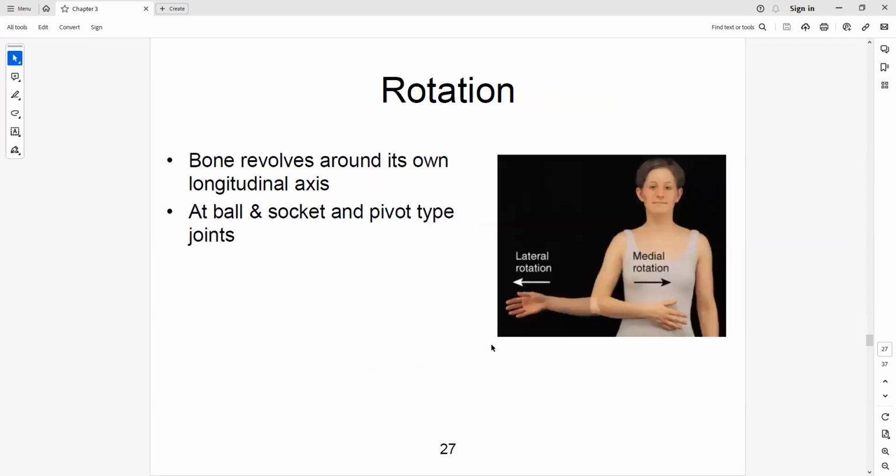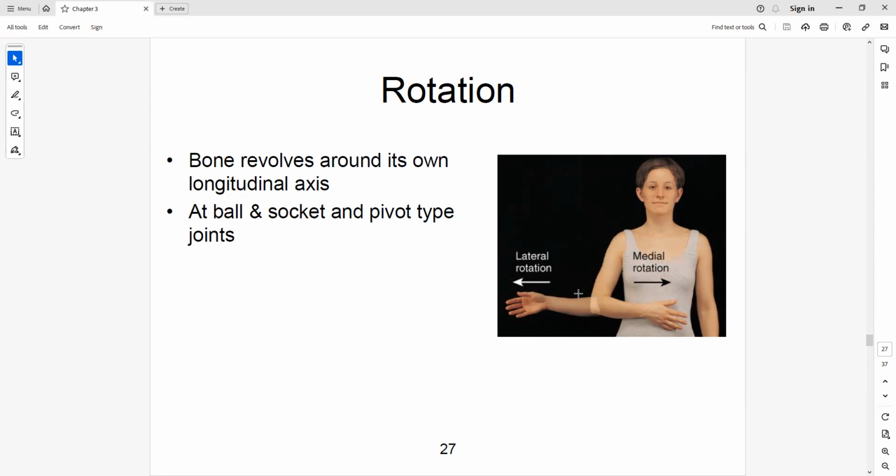So here is a type of motion, rotation, we'll come back to that in the lab when we name the muscles that carry out these motions. So the example here is the shoulder joint. The humerus is moving with respect to the scapula.